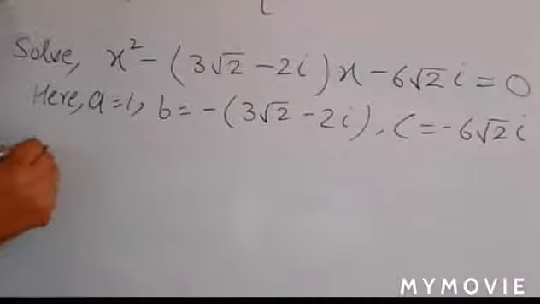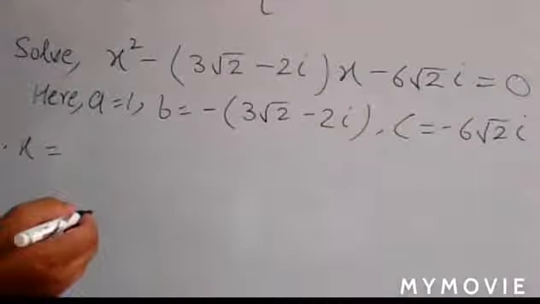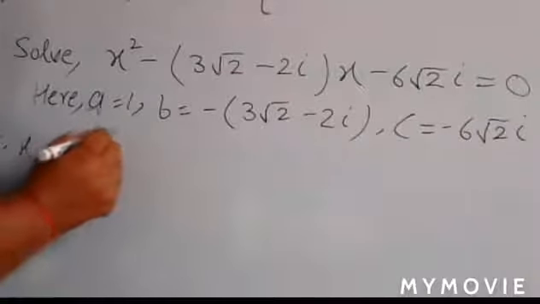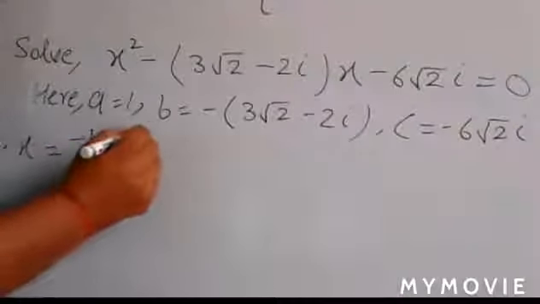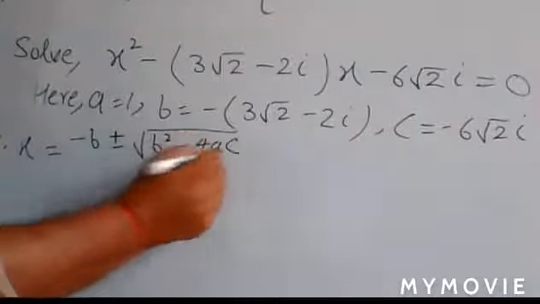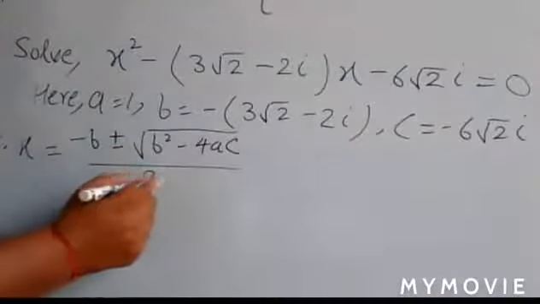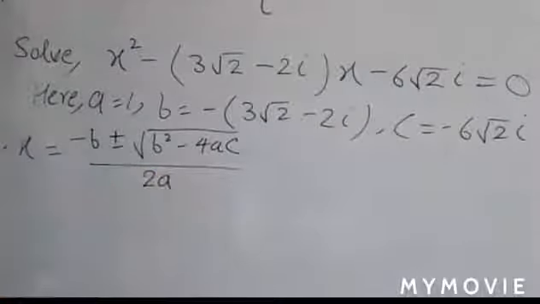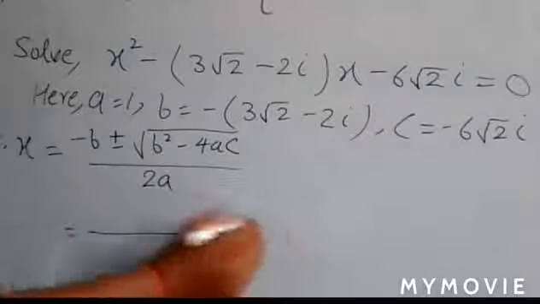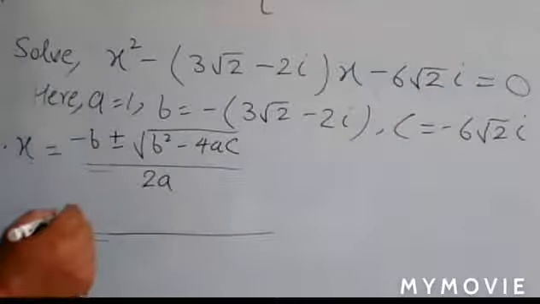So write, x is equal to minus b plus minus under root b square minus 4ac, whole divided by 2a. So you apply that, putting the values here. You have minus b.